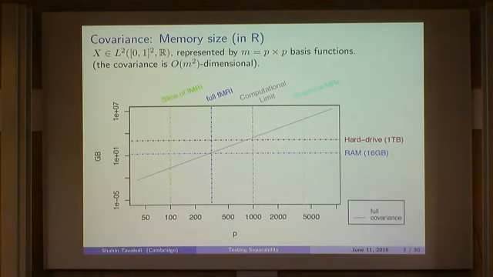Typically, if you have a slice of brain functional MRI, this is going to be about here, around 100 megabytes of memory. If you have a full fMRI, then you need about 16 gigabytes of memory to store the covariance in memory, and this is typically the limit that you have now on laptops.